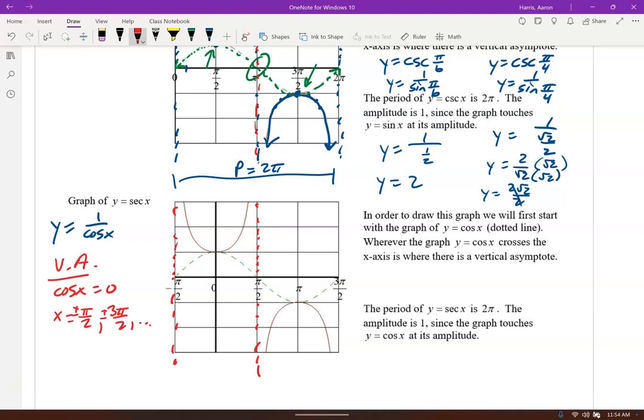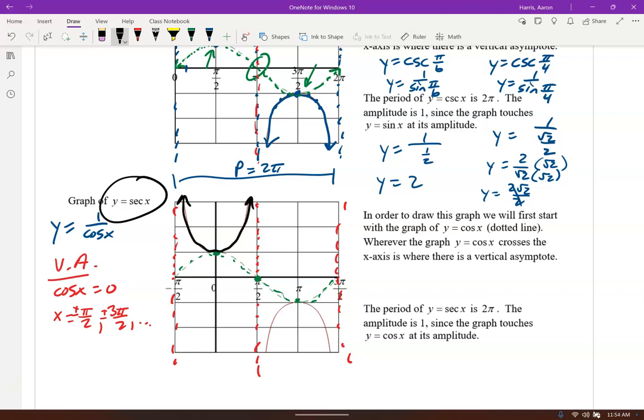So there's x being negative pi halves. There's x being 3 pi halves. And you could plot the cosine in green. Cosine of 0 is 1, cosine of pi halves is 0, and so on. There's the green cosine, and that can kind of help you to draw this secant.